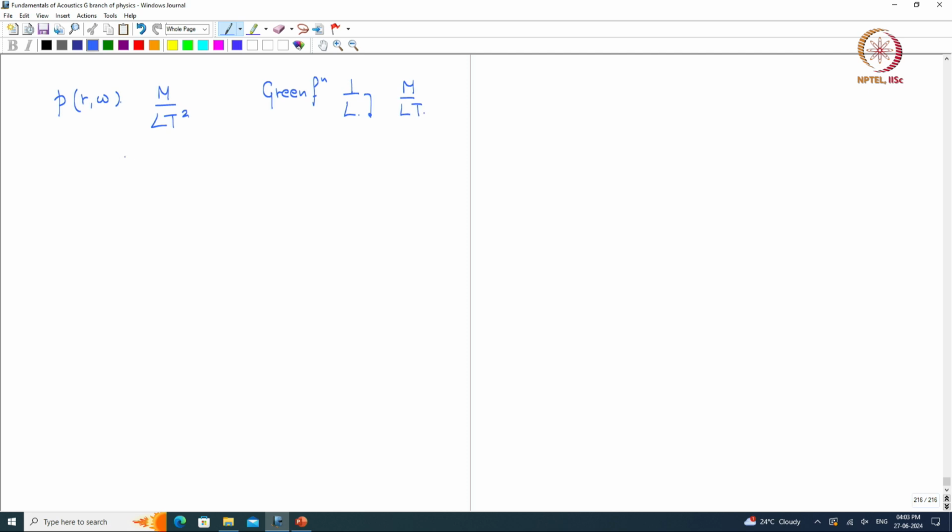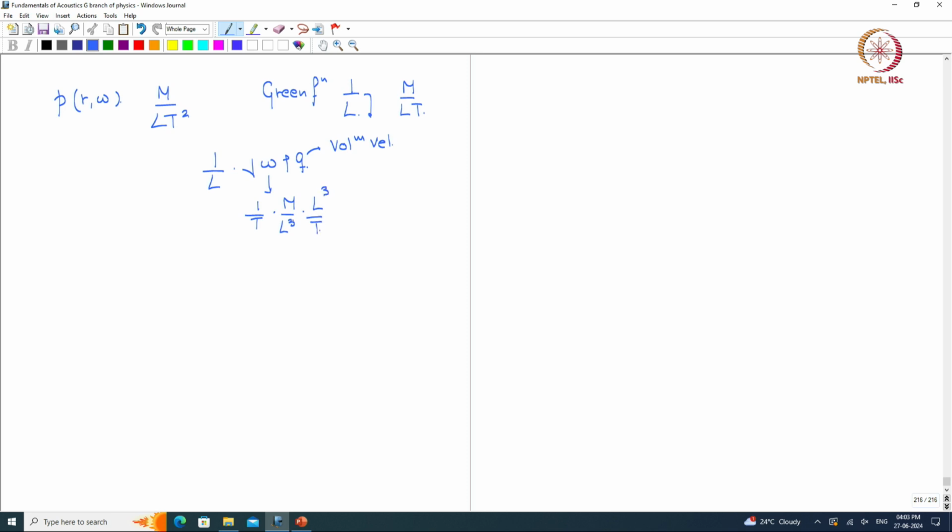That is obtained by adding to 1 by L what? j omega rho q. q is just volume velocity. So this gives me 1 over T, this gives me mass per unit volume, this gives me volume velocity.